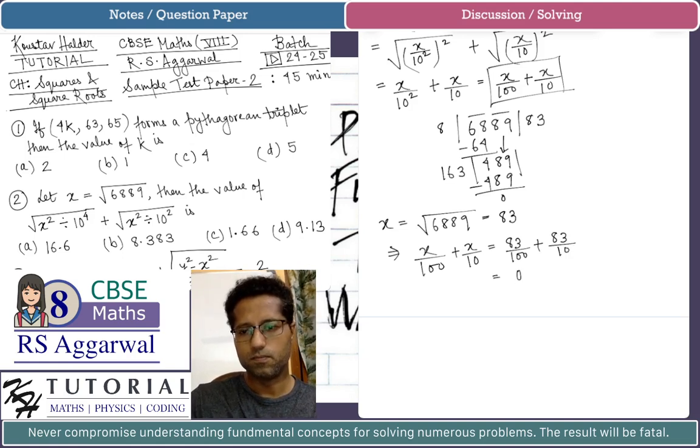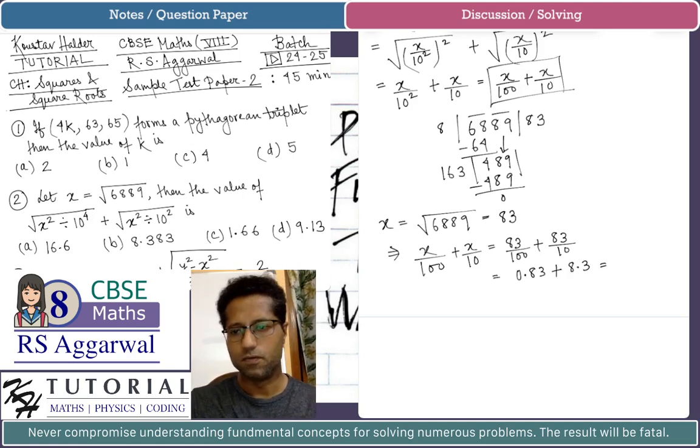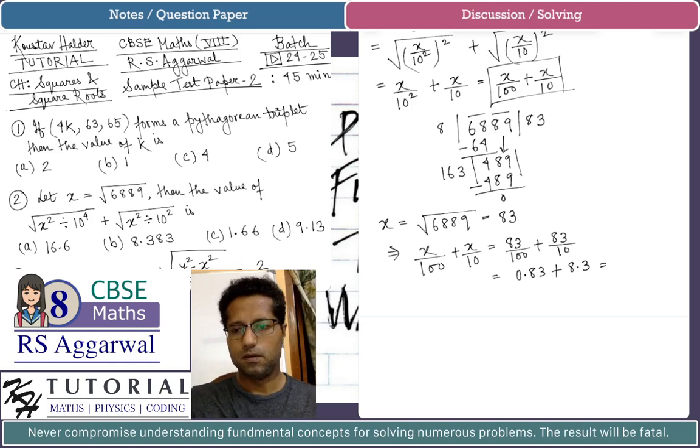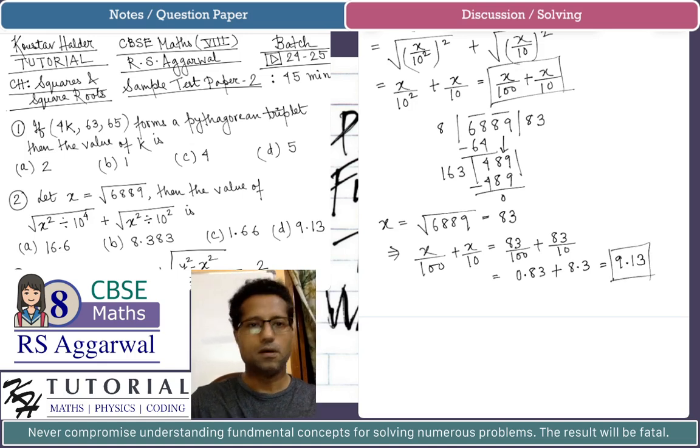This is equal to 0.83 plus 8.3, which is equal to 9.13. So 9.13 is the value of the given expression. So the correct choice is D.